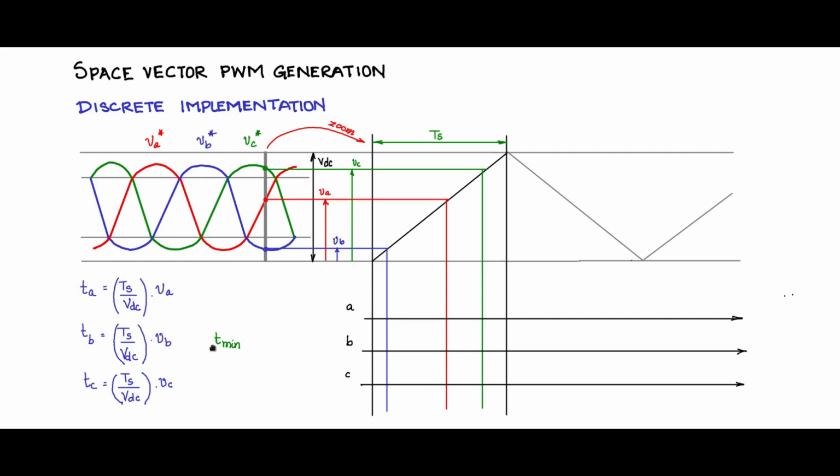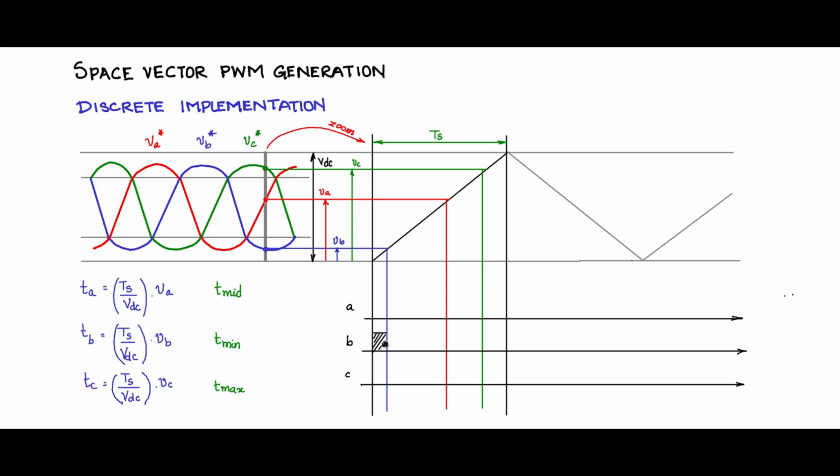So T min, let me say that TB is T min because that is at that instant where we are looking at, that is the VB is at a minimum, and VC is at the maximum, and TA is a mid value, T mid. So let us now draw the PWM waveform.